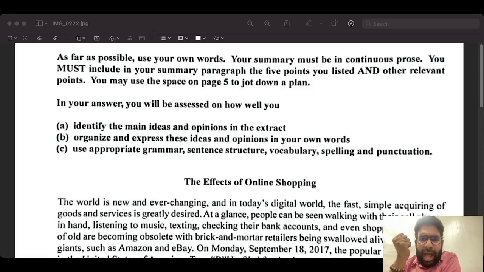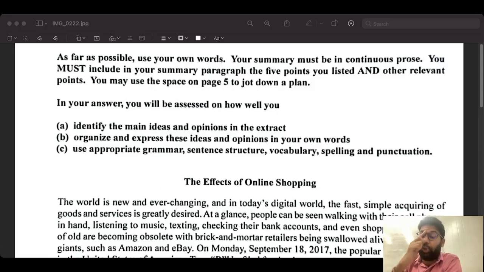Remember, ask yourself, which one of these sentences contains information that is the basis of what is being said? Not an example, not a statistic, not a generalized statement to help get towards the point. What is the point? Organize and express these ideas and opinions in your own words.